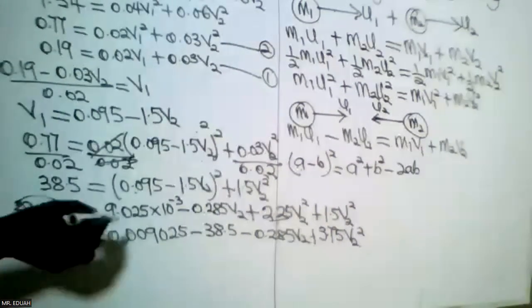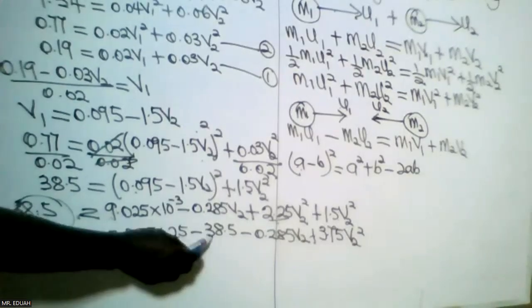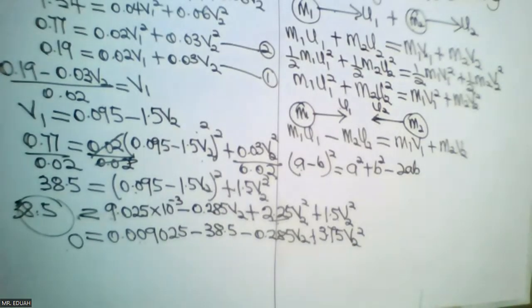Okay, subtract 38.5 from this: 0.009025 minus 38.5. Straight away, we have a quadratic equation.